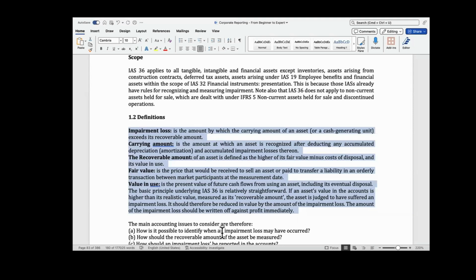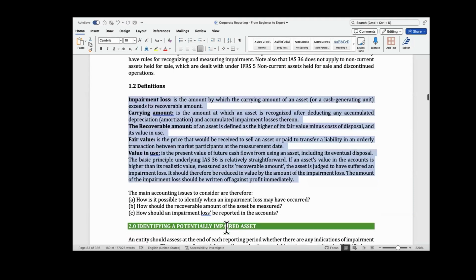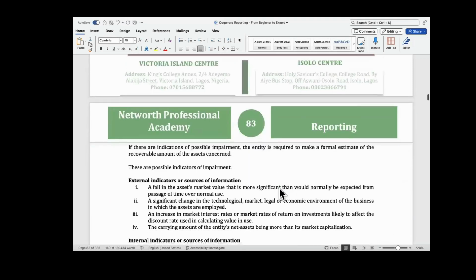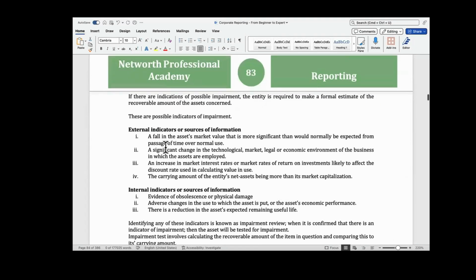So now, if that is impairment, then we have also looked at how you know that the amount you are carrying in your books is higher than what you can recover. That was what led us to these external and internal indicators.